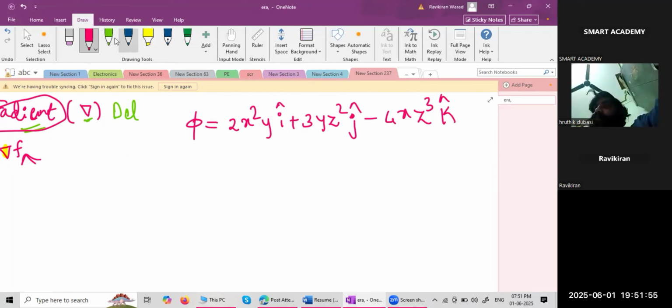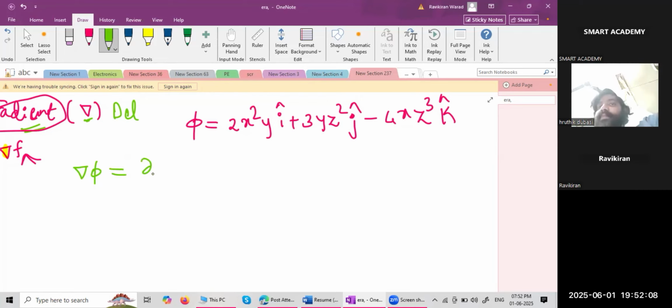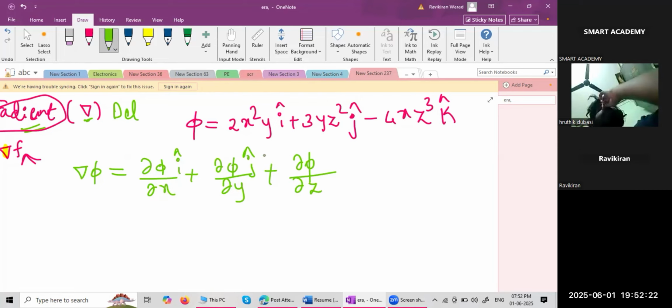What is the expression for gradient? Del phi equals dou phi by dou x i cap plus dou phi by dou y j cap plus dou phi by dou z k cap. Any confusion?